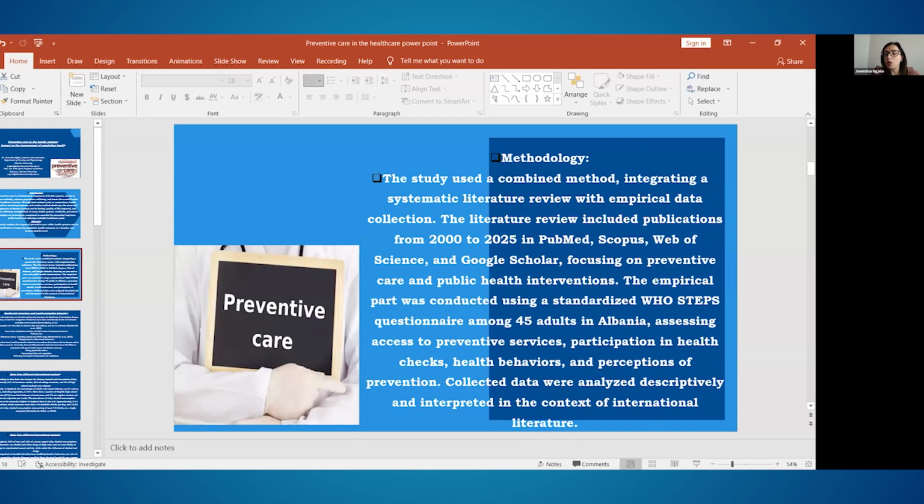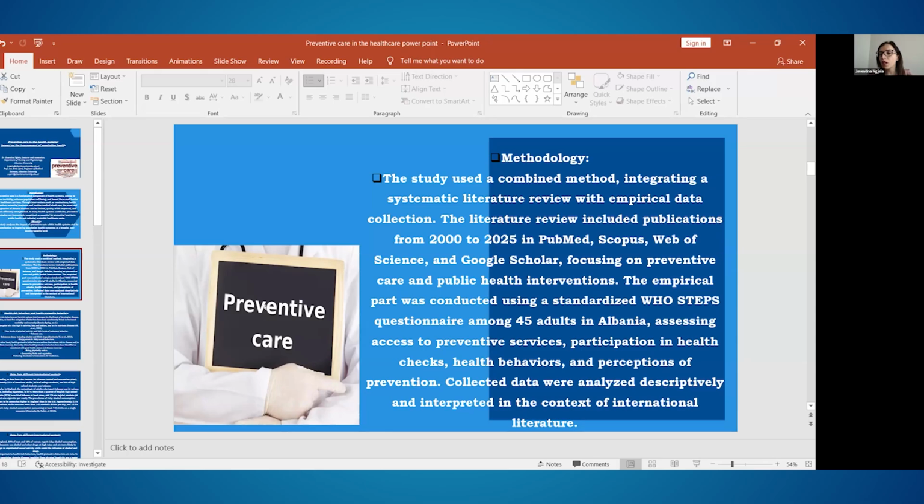broader country-specific level. To realize this study, we have combined a methodology integrating systematic literature review with empirical data collection. The literature review included publications from PubMed, Scopus, Web of Science, and Google Scholar, focusing on prevention, care, and public health interventions.